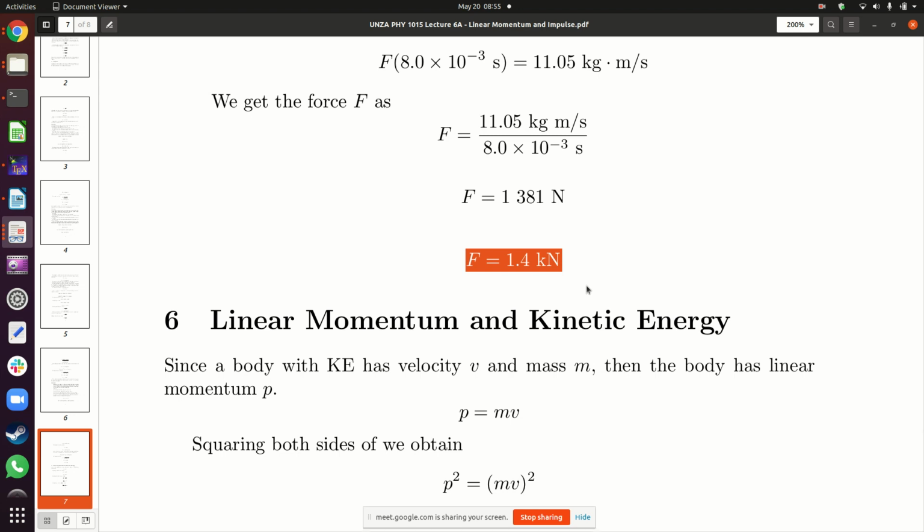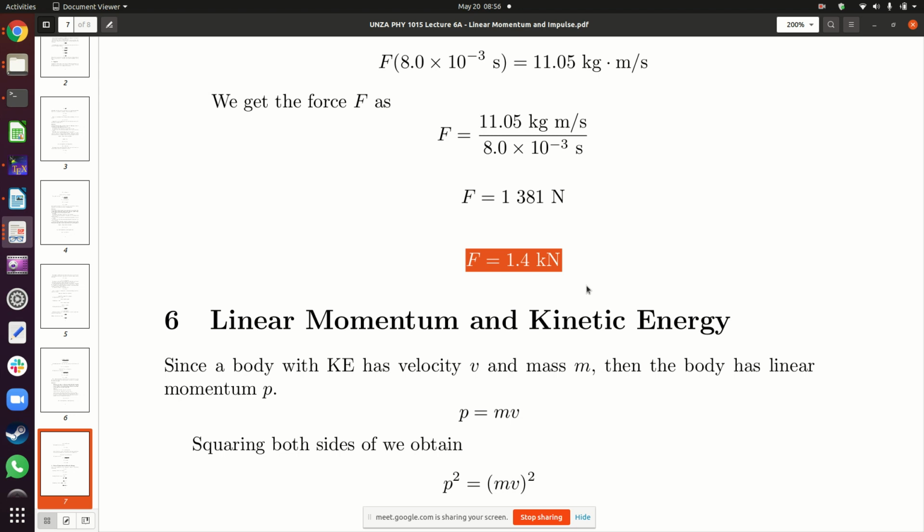Are we clear? So we have seen two cases. We have seen cases where momentum is being lost, and usually the culprit when momentum is being lost is friction. And you have also seen another case here where momentum is gained, where the momentum of the ball increases, and for you to increase the momentum of something, you need to exert a force.